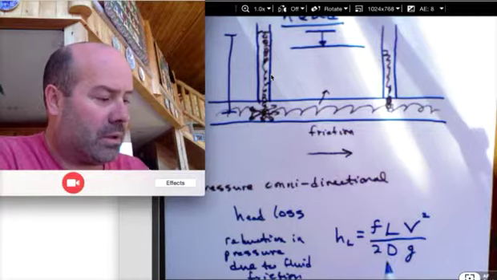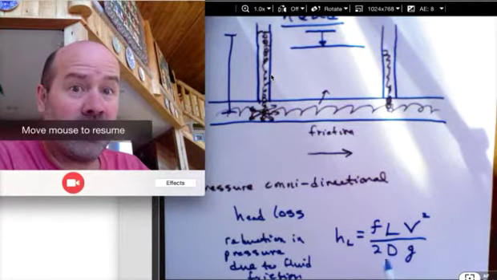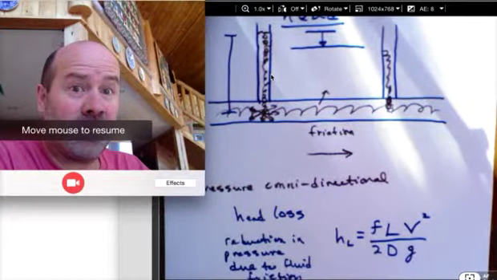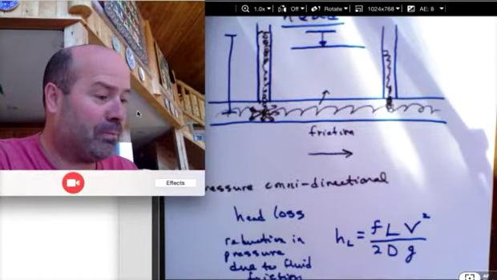You know that mnemonics are a thing. When I first learned head loss, we called it the fluffy squared over 2 dog. Fluff V squared over 2 dog. It has worked as a mnemonic device for me.